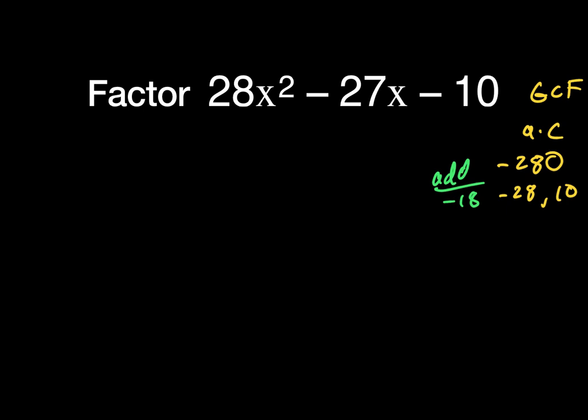I'll put up a couple that I know won't work. Negative 56 and 5 multiply to negative 280, but they definitely do not add to negative 27.